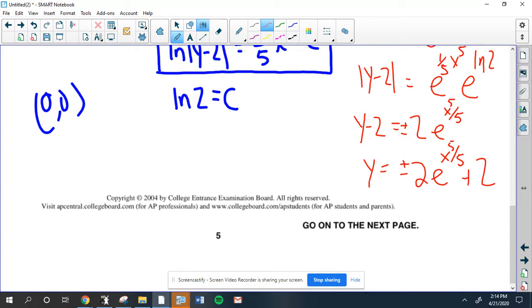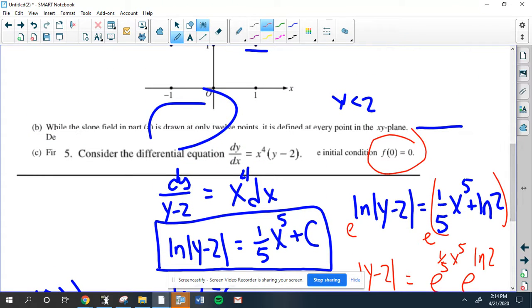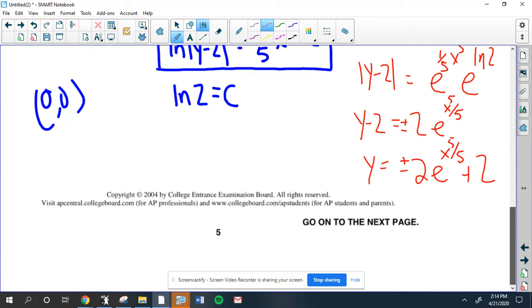So here's my semi-final answer. I can't have two equations because it's not a function of x. It's the one that satisfies this initial condition. So when I plug in 0 for x, I need to get 0 equals y.